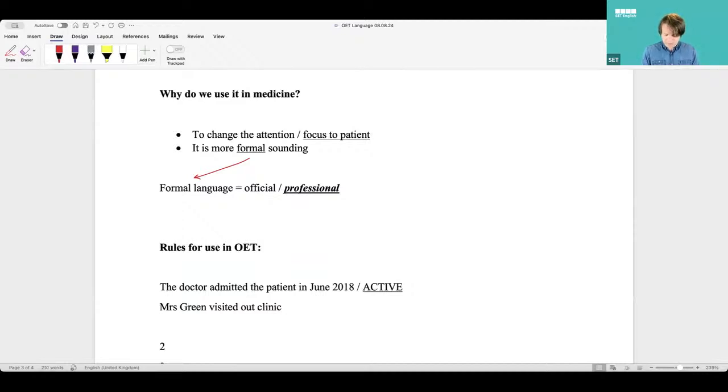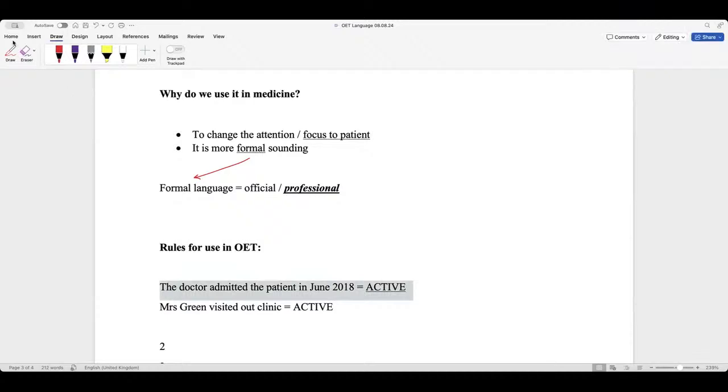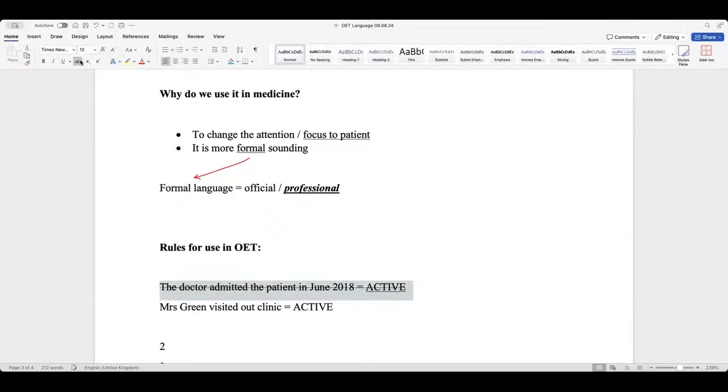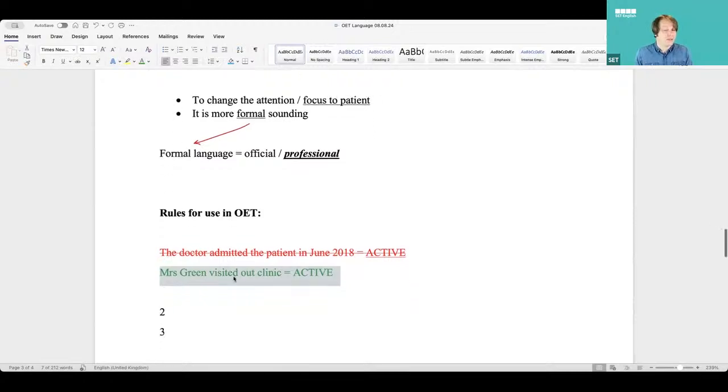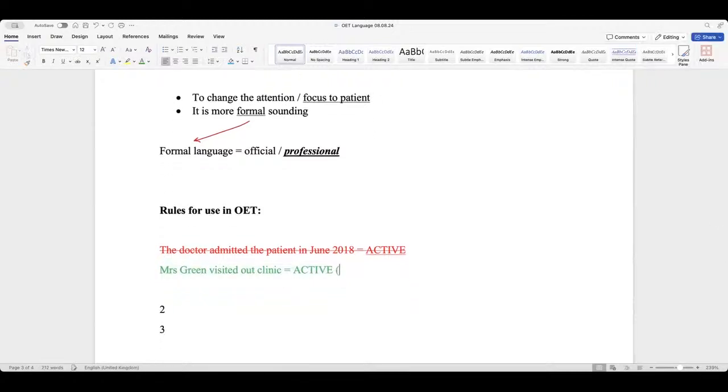This is active, but this is good. Why is the first one bad, but the second one good? Because in the first one, the accent is on the doctor, in the second one on the patient. You don't need to know who admits the patient. The patient is important here.